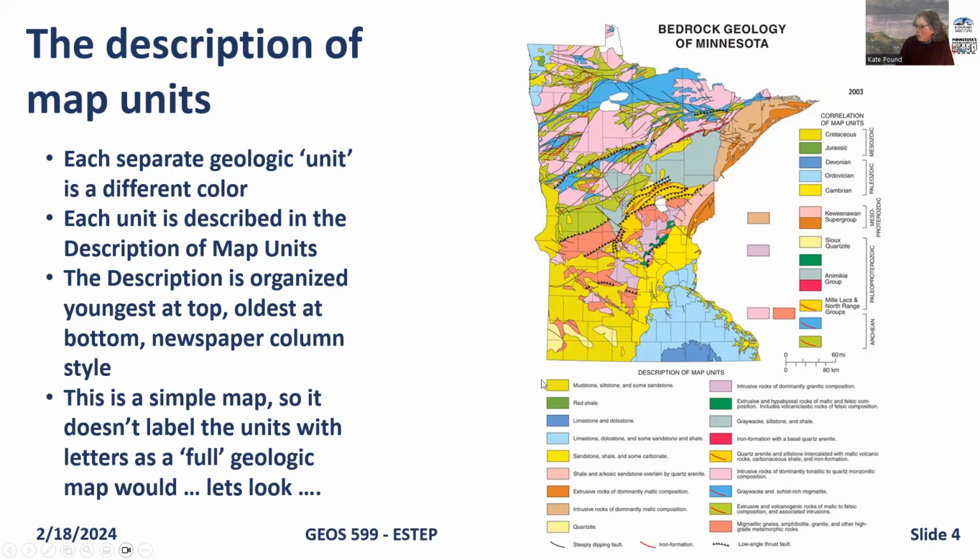The youngest unit will be at the top left, and as you go down, it gets older and older. And then you move to the next column, and as you do that, you're moving to the next oldest unit, and it gets older and older until you go down to the item on the bottom right.